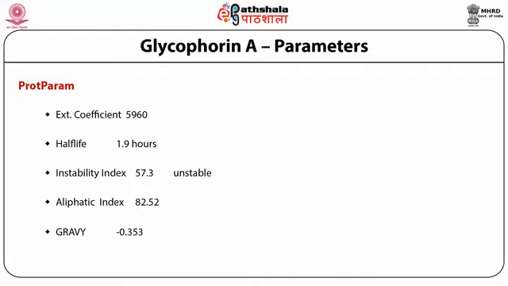GRAVY, which stands for Grand Average of Hydrophobicity, is the average hydrophobicity of a protein sequence, and an increasing positive score indicates an increase in hydrophobicity. For glycophorin A, ProtParam tool reported a negative value, showing that it is not a highly hydrophobic protein.